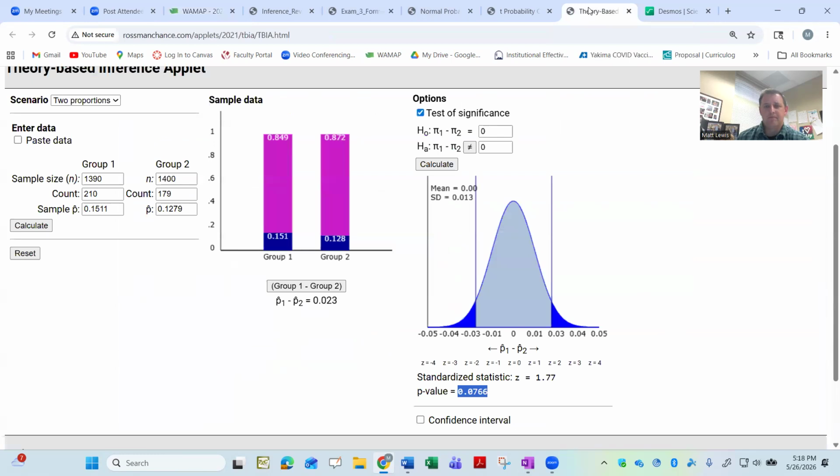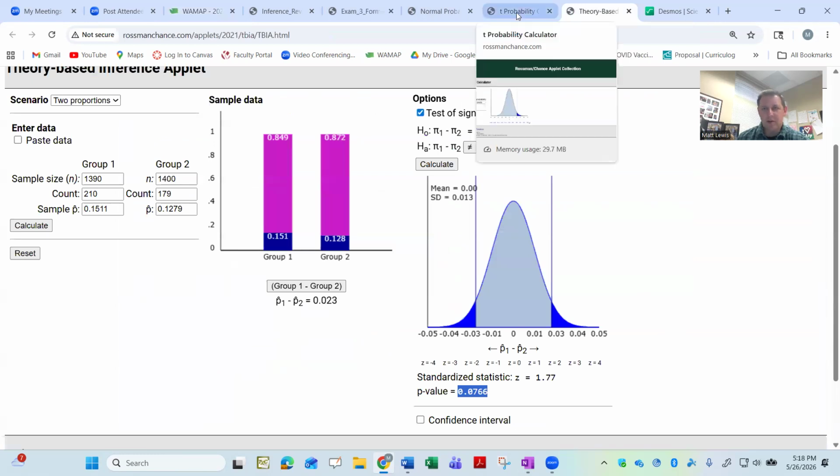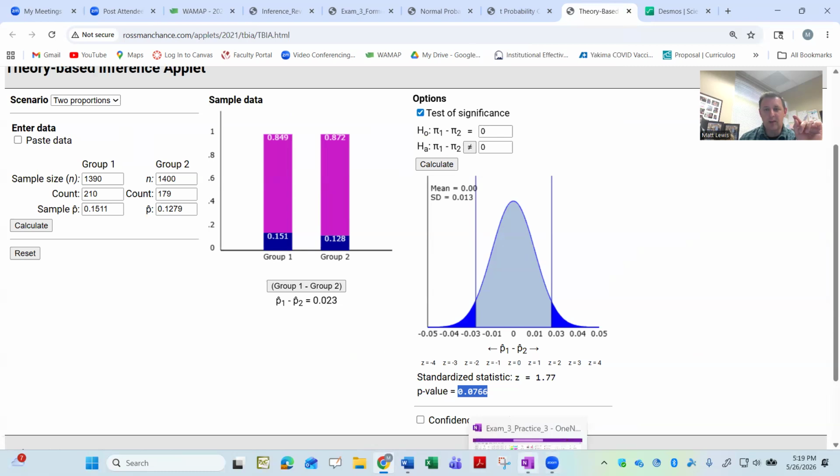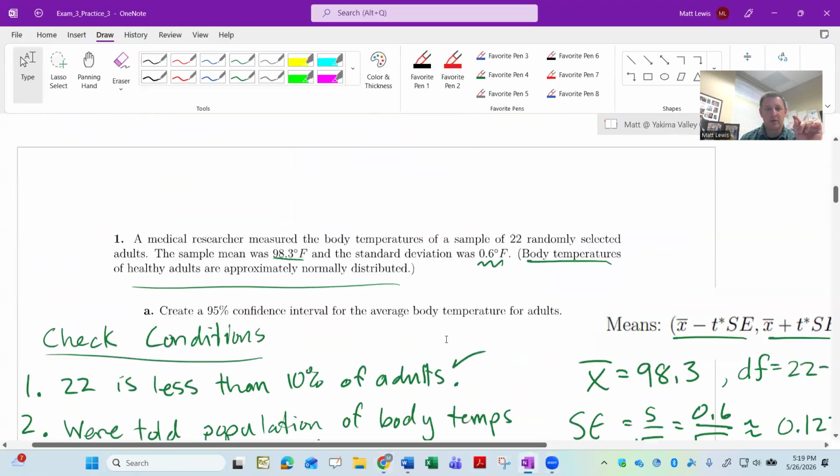What I also want to let you know is that these calculators will be on the exam, but there will be times where I will put more than one. Let me give you an example. Let's say I ask you a question just like our first one.